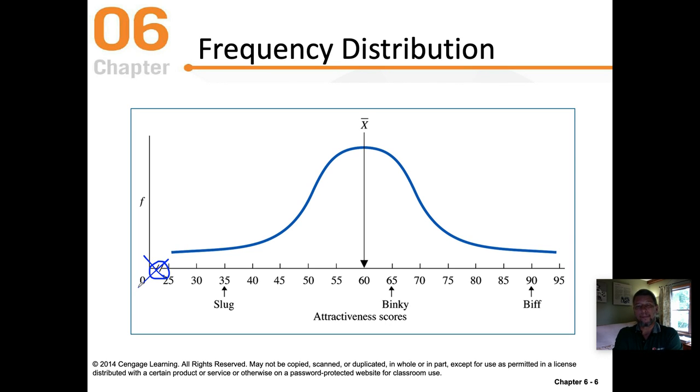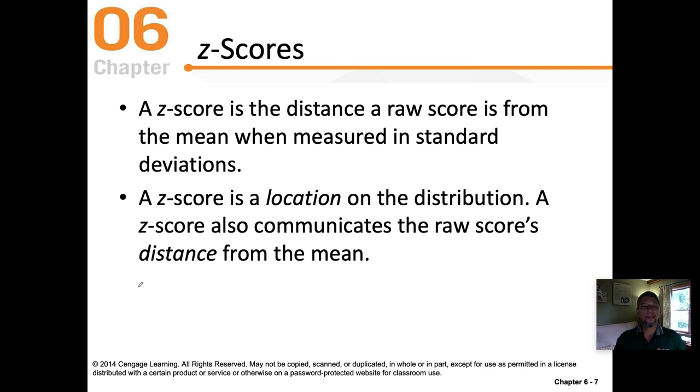Now, what does this all have to do with z-scores, and how do we use a z-score to represent the raw scores of Binky, Biff, and Slug? Well, a z-score, again, is simply the distance that a raw score is from the mean when measured in standard deviations.